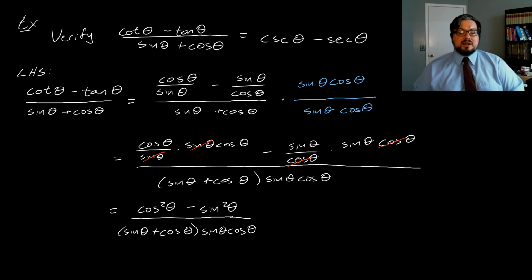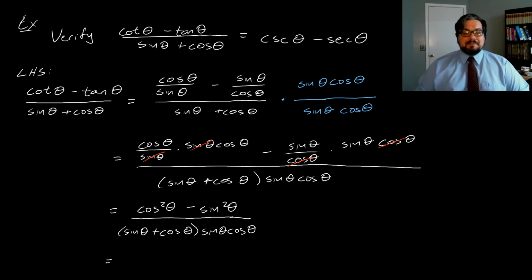Now, cosine squared theta minus sine squared theta is not something we can simplify using one of the Pythagorean identities. If that were a plus in between, if it were cosine squared plus sine squared, we could just replace it with 1. But it's a difference, and the Pythagorean identity doesn't help us with that. What does help us, though, is algebra again.